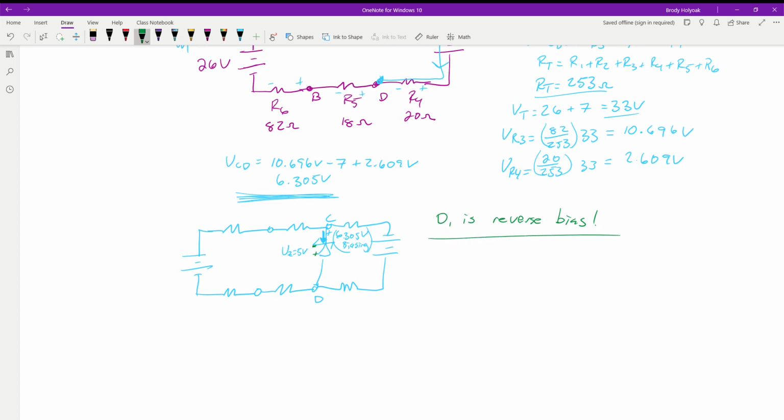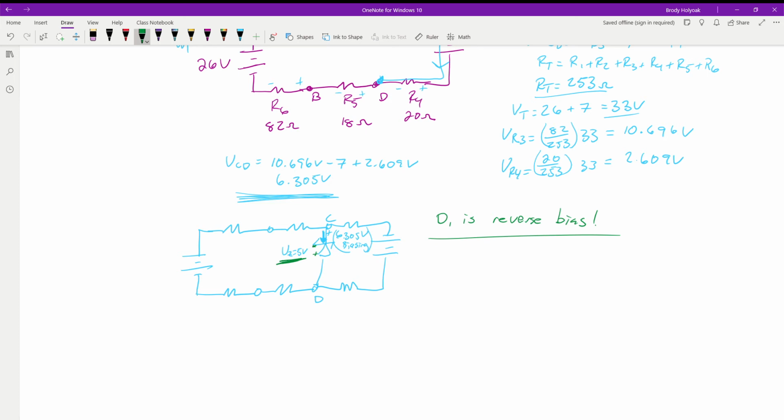So now what we need to know is, now that it's reverse bias, we've got to look back at the characteristics that were given of the diode. So the diode, we're told, is a Zener diode, and it has a rating of 5 volts. So that means when the diode is in reverse bias, it will drop how much voltage? 5 volts.